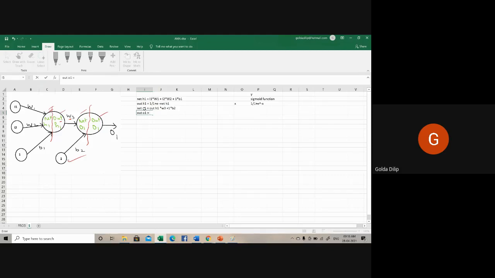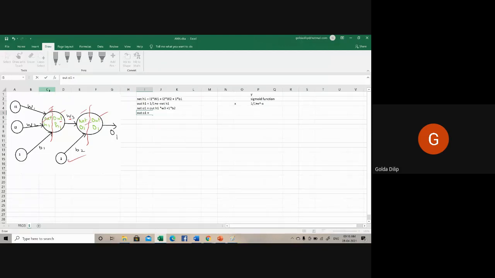Again, your transfer function is the sigmoidal function. Previously x was replaced with net H1; here it will be replaced with net O1.